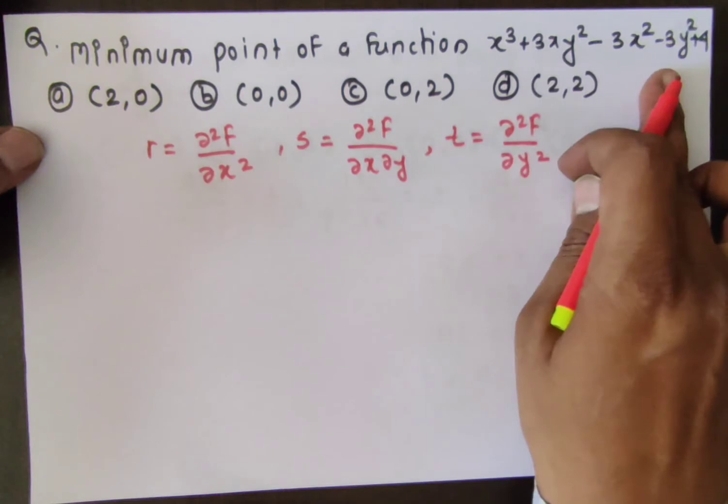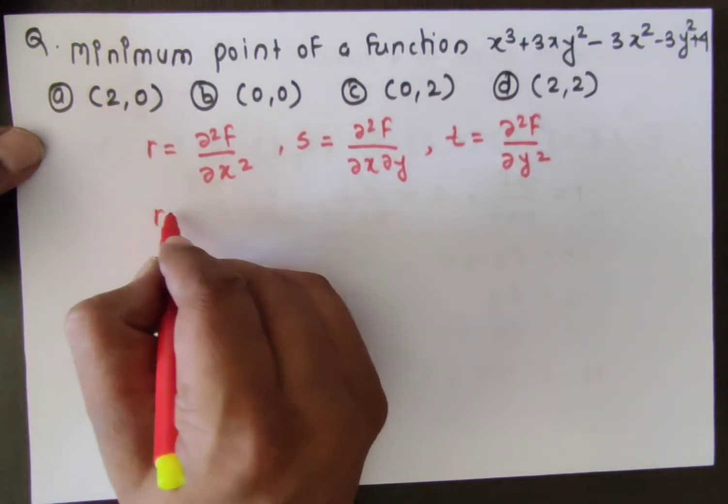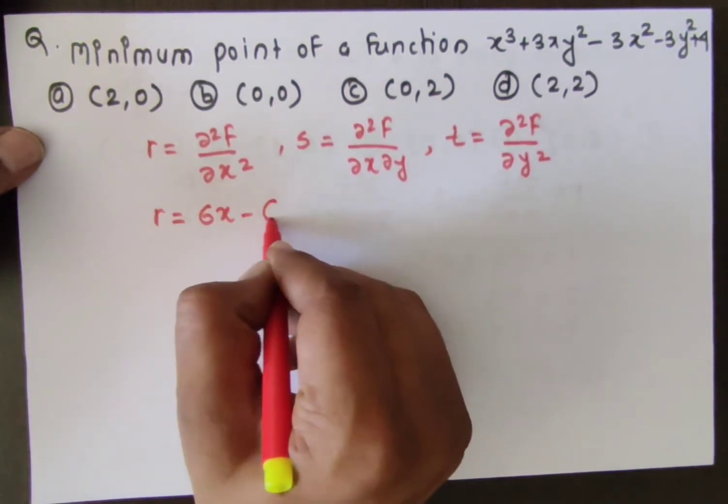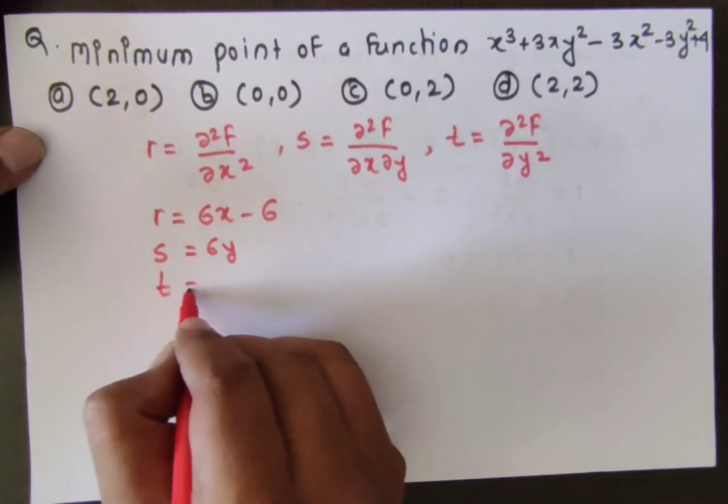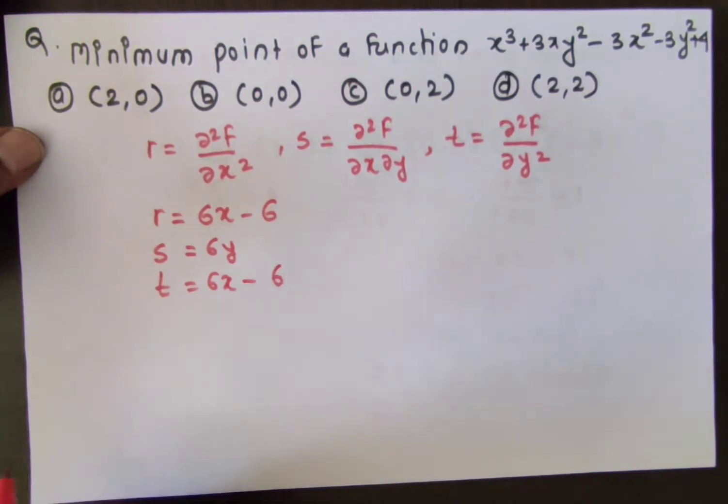So by differentiating this, we get r is equal to 6x minus 6, s is equal to 6y, and t is equal to 6x minus 6.